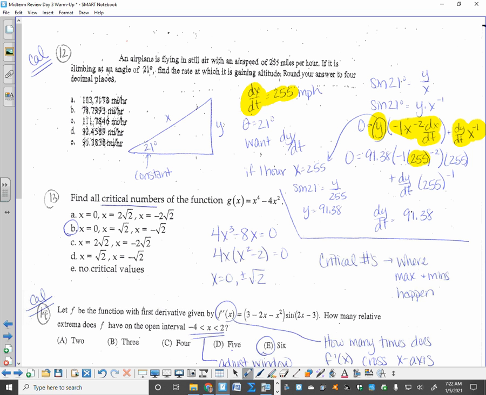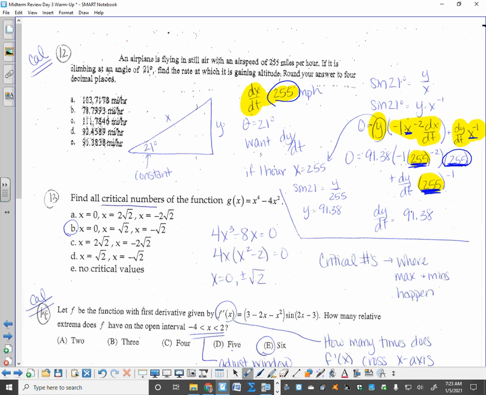So I plugged 255 in for this x right here, and this x right here, nope, that's my dx/dt. That is that x right there. So these two are x's. That's the dx/dt. It didn't all fit on one line.